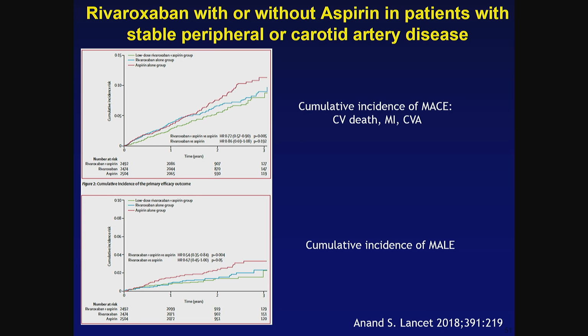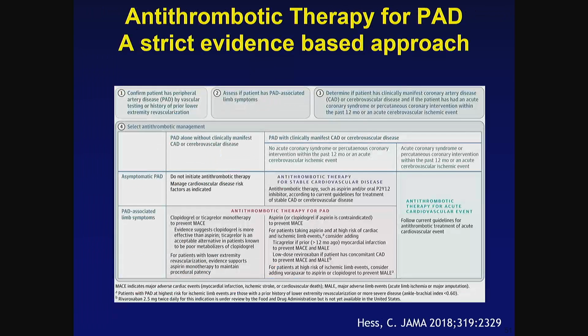The higher dose rivaroxaban alone group did not experience a reduction in the cardiovascular events, although there was a reduction in the limb events compared to the aspirin arm. However, this came at a cost of much higher risk of bleeding. And so it seems that in patients with peripheral artery disease, the combination of aspirin and low-dose rivaroxaban at 2.5 milligrams twice a day may be efficacious.